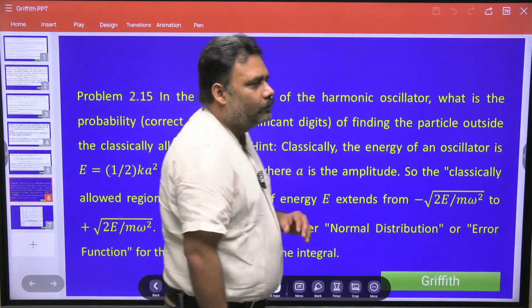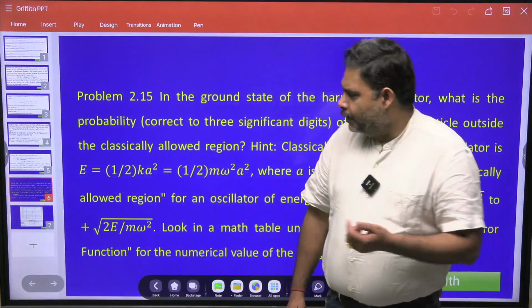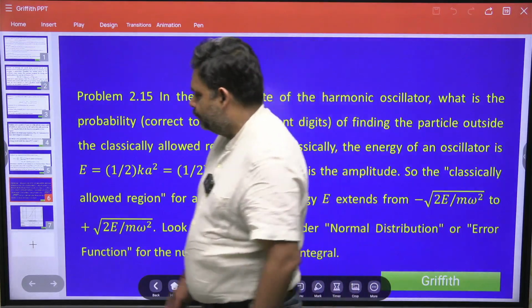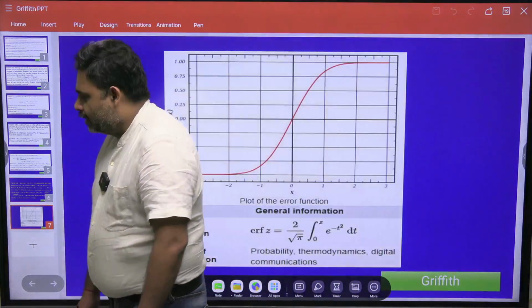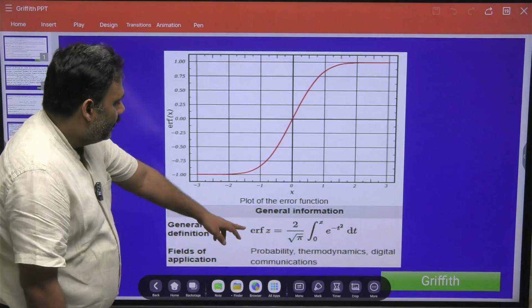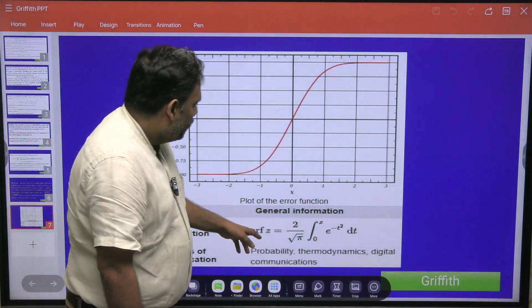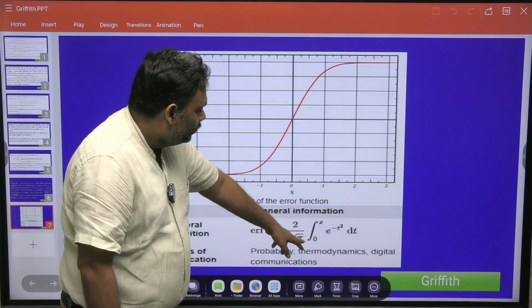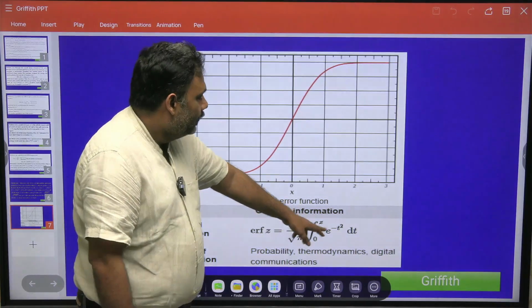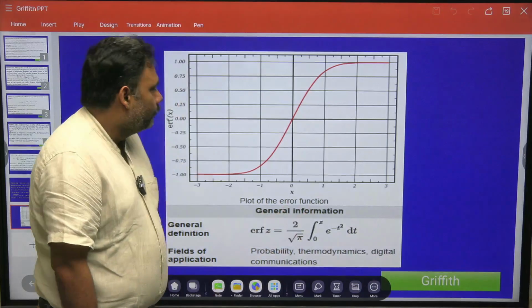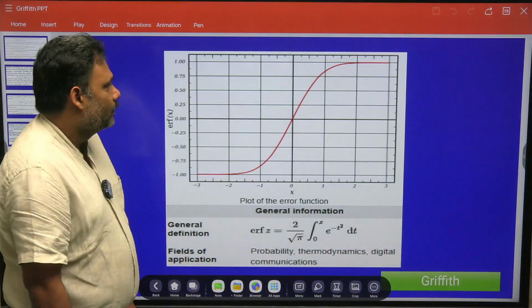We will discuss this problem in detail, but before that, let us go to what this error function is. I have another slide, and in this slide you can see the error function of z is equal to 2 by root pi, integration 0 to z, e to the power minus t square dt. If you have this type of function, then it is the error function.